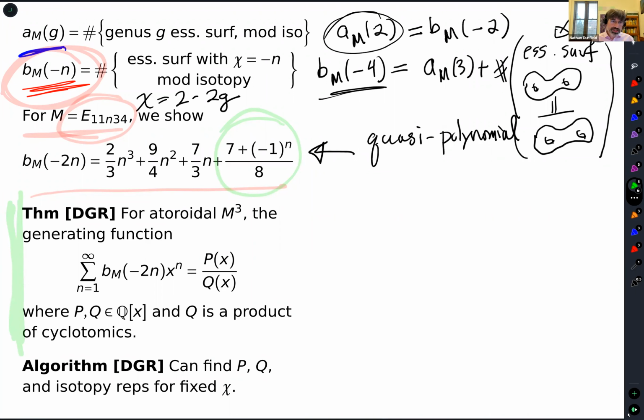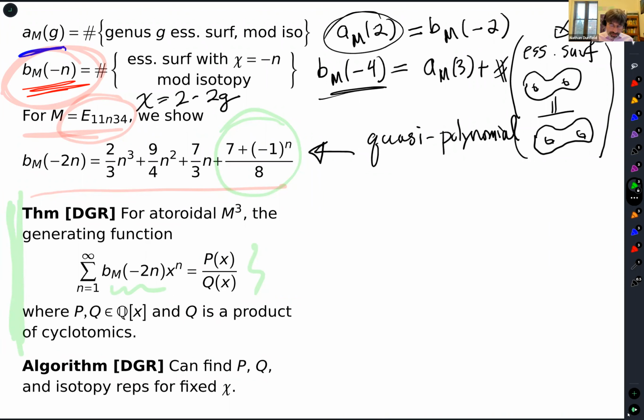The concise way of saying that is we can assemble these numbers into a formal generating series in a variable x. One way of saying it's a quasi-polynomial is to say that this generating series is a rational function, a ratio of polynomials p and q with rational coefficients, where q is a product of cyclotomic polynomials.